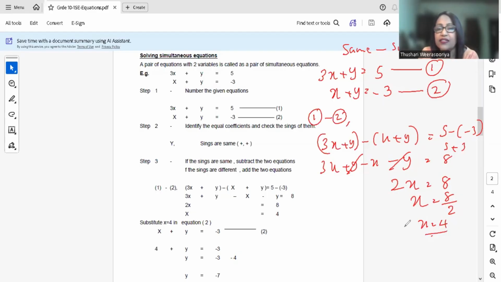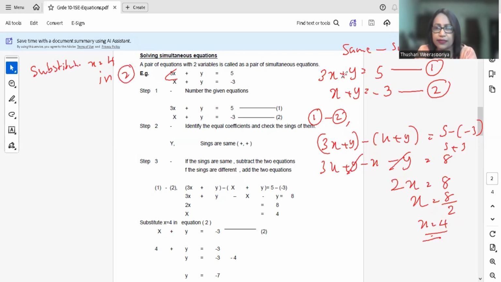Now you have an answer for x, that is 4. By using that answer, we are getting an answer for y. Now substitute. You write these steps. Substitute x equals 4 in the easiest equation, equation 2.